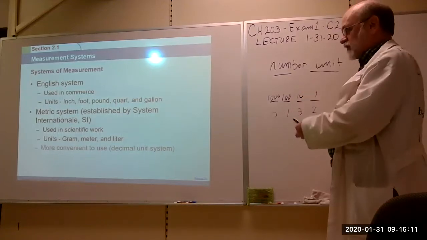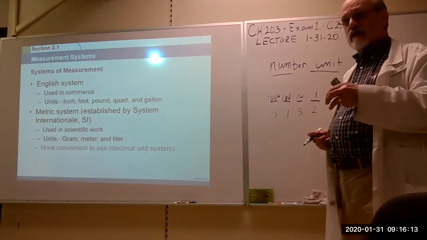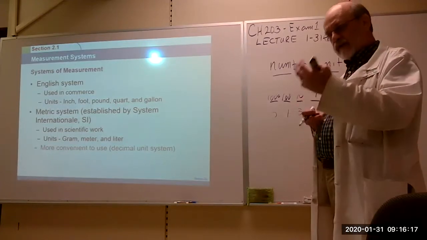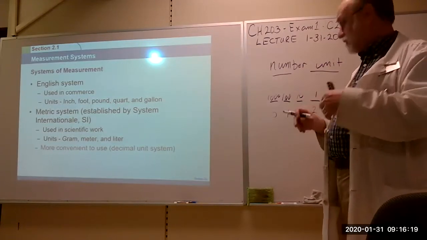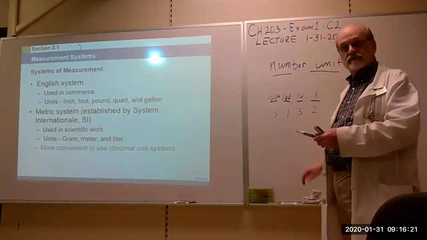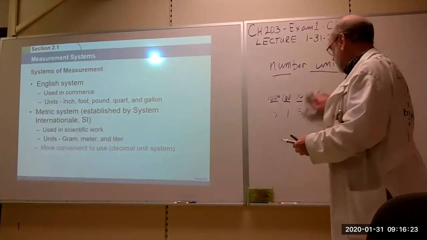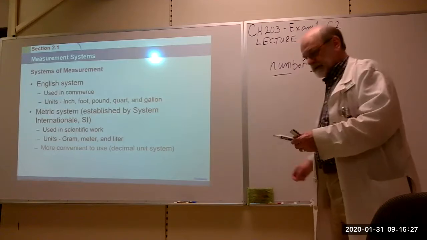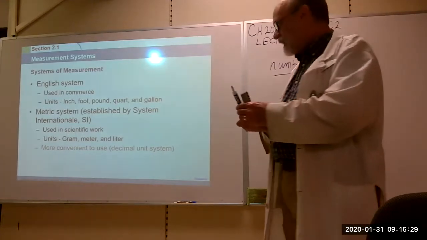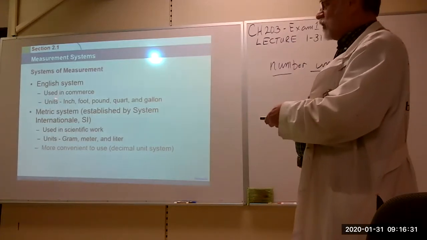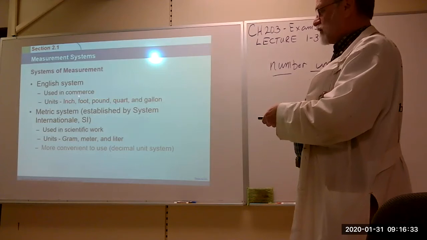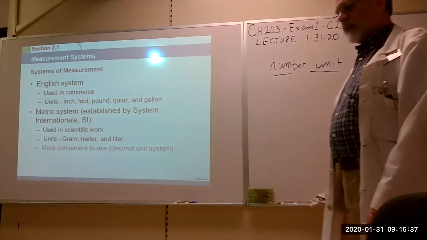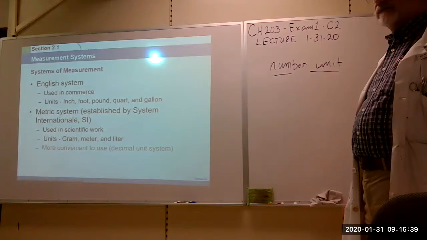But the metric system, the units of measure, they're all based upon multiples of 10. It's a decimal system. And that's a whole lot easier to deal with than these odd units, like 12 inches in a foot and 5,280 feet in a mile.